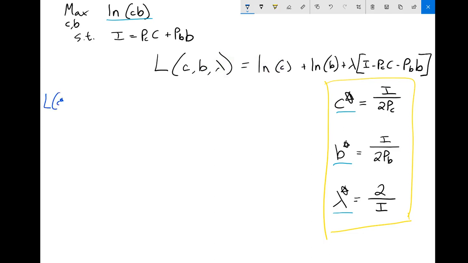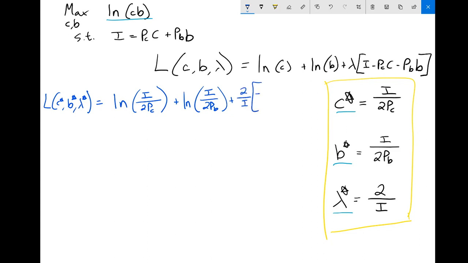Okay, so now we're going to have the optimal. Natural log of c, so it's natural log of I over 2pc, plus natural log of optimal b, so it's I over 2pb, plus 2 over I times I minus pc times I over 2pc, minus pb times I over 2pb.